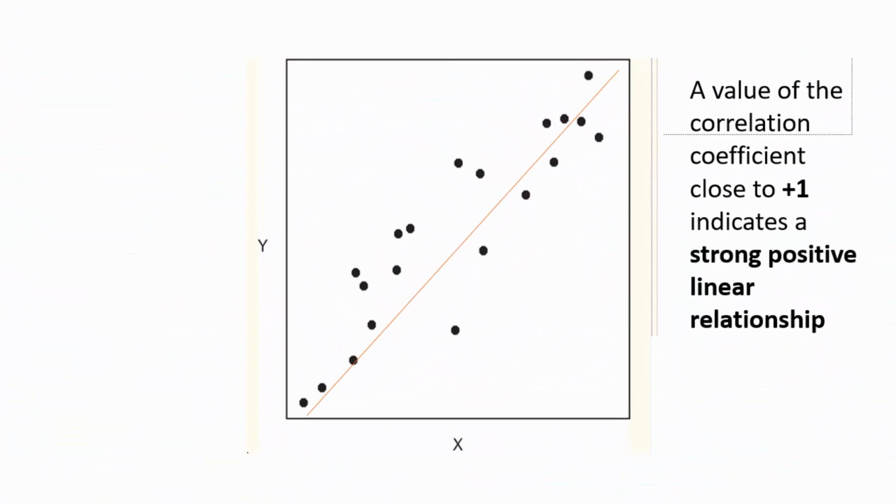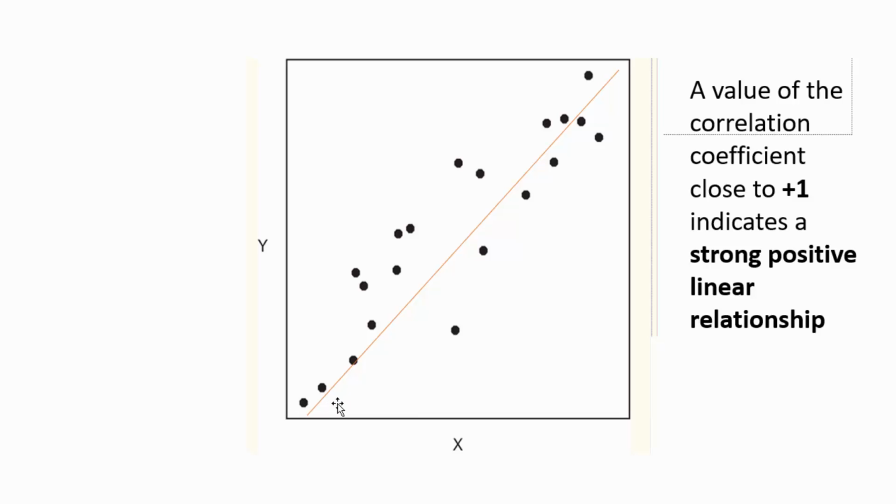Look at this example. In this example, we have correlation closer to +1. That means whenever one variable value increases, the other variable value also increases. For example, look at the first point here. x has a smaller value and y also has a smaller value.